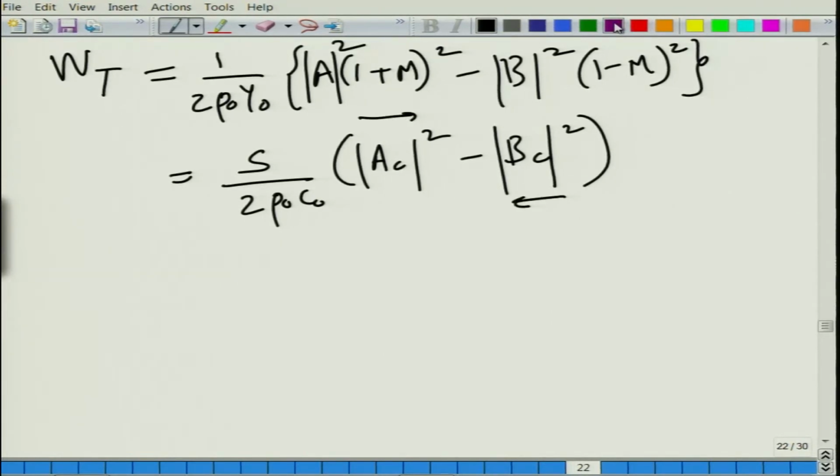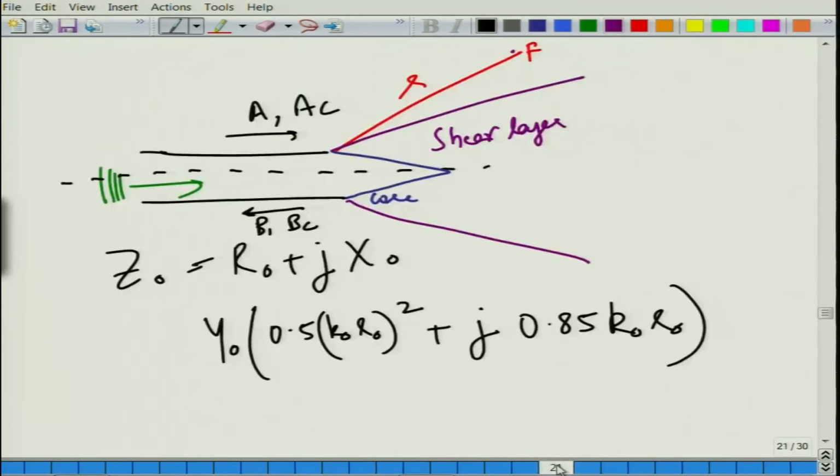We are really interested in the net quantity, which is the sum total of the acoustic power contribution by monopolar and dipole sources that directly contribute to the far field, and also the sources generated by vortex shedding in the wake.